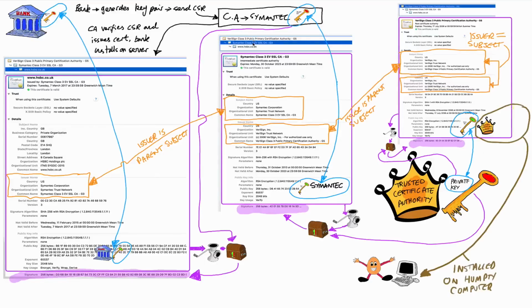So it's called an intermediate certificate authority. Basically their certificate requires signing by a trusted certificate authority. So this certificate here, therefore, has a parent certificate, which is VeriSign Class 3 Public Primary Certification Authority G5, and that corresponds to the subject of the parent certificate.